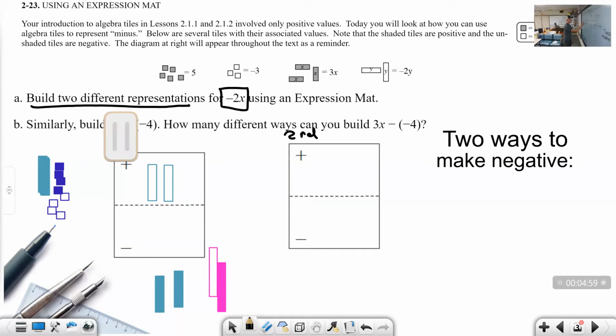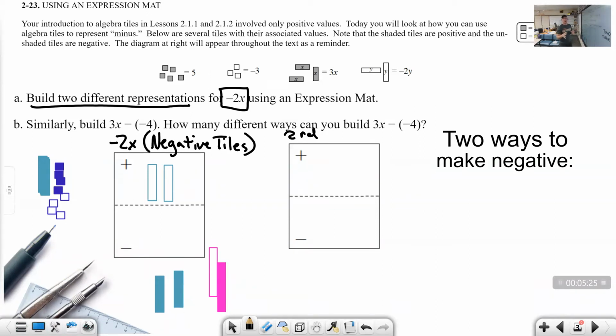And in here, this first box, you're going to write negative 2x, and that's using negative tiles. Notice, because I left them empty, they are negative 2 tiles. Okay? So go ahead and draw that in the first one.